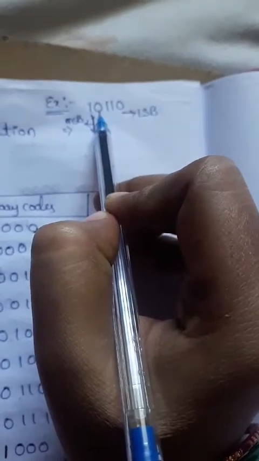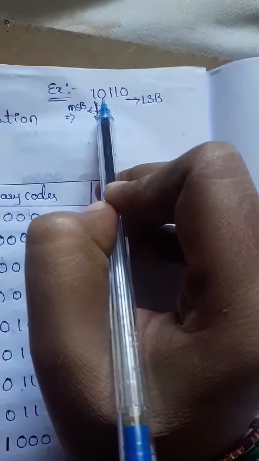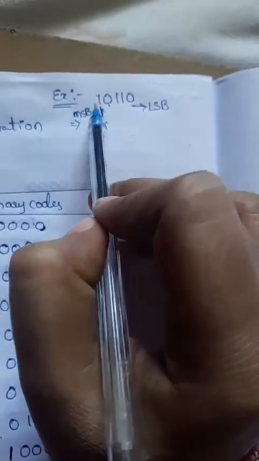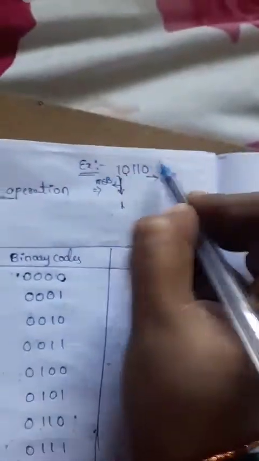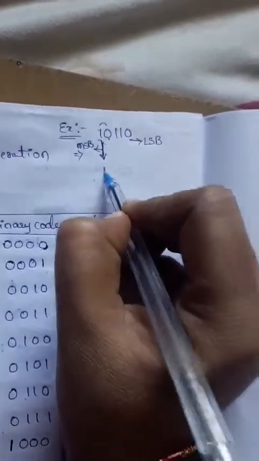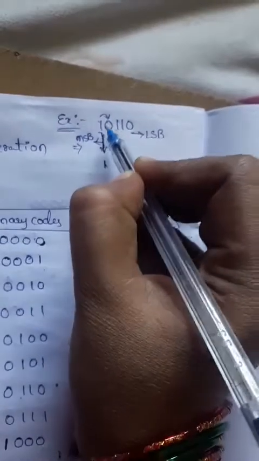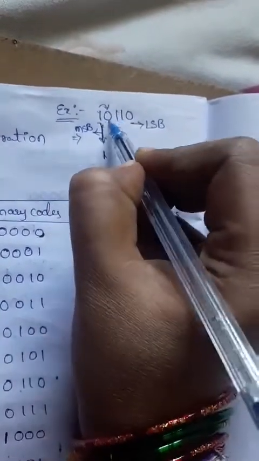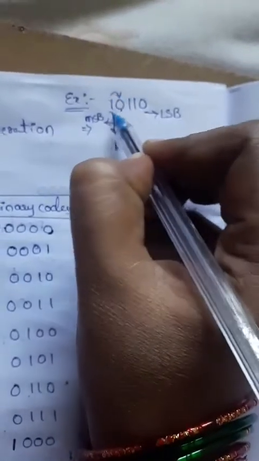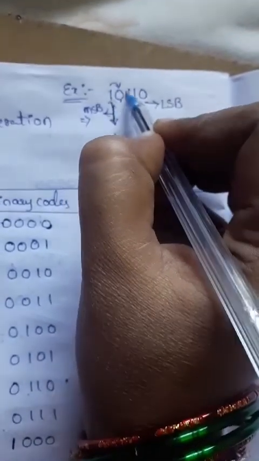From the next bit onwards, you take the XOR of the next bit with the bit before it. After the MSB, the second bit is found like this: whatever the first bit and the second bit are, you apply the XOR operation between these two bits.